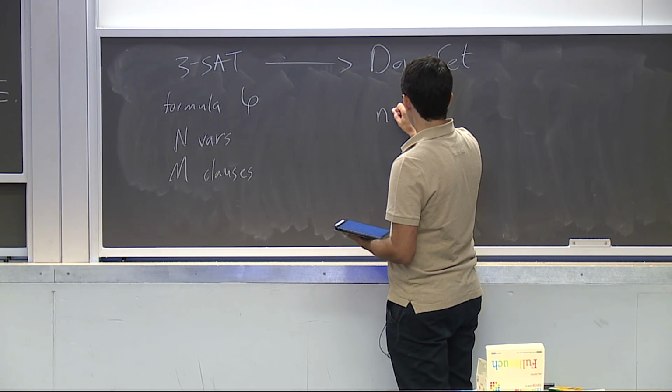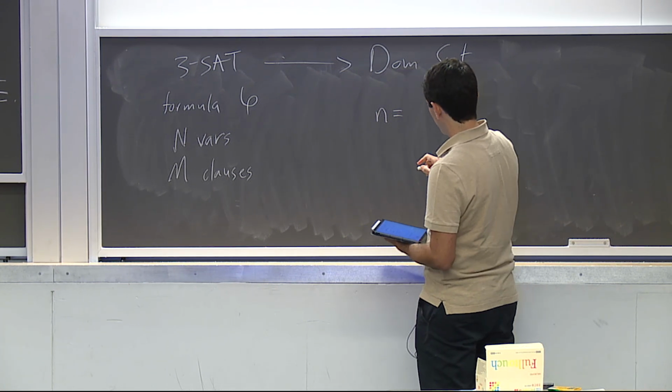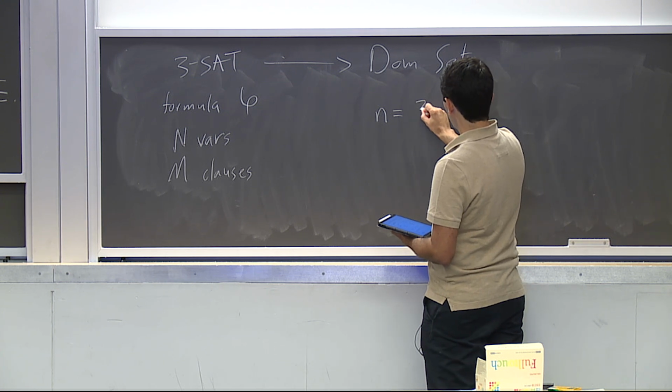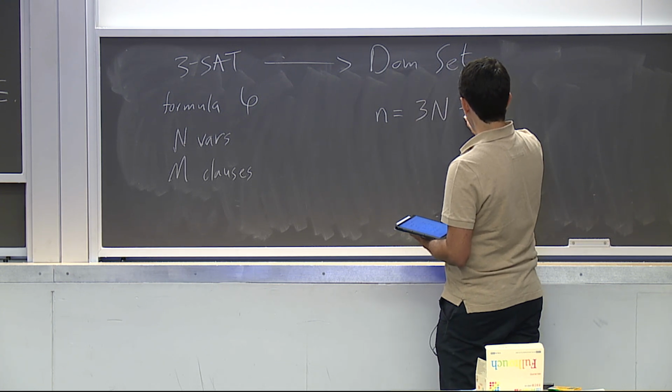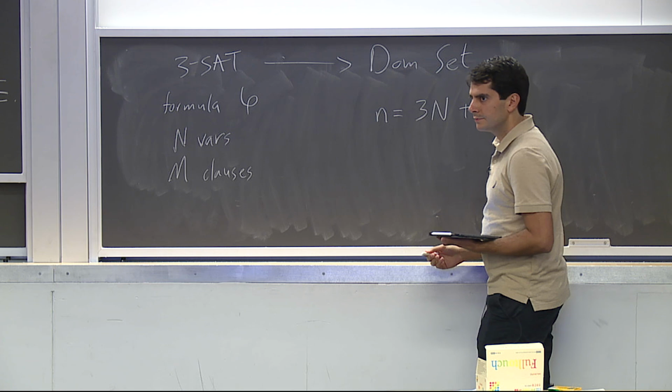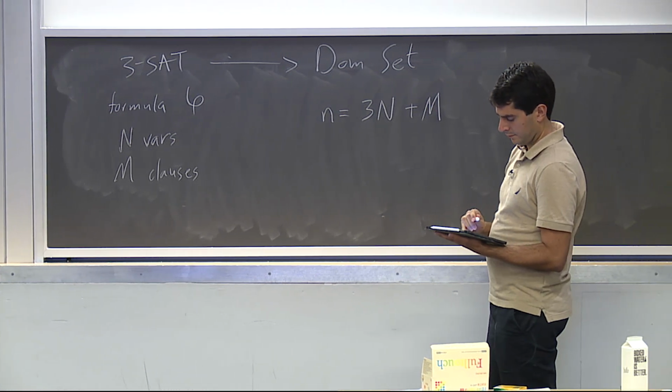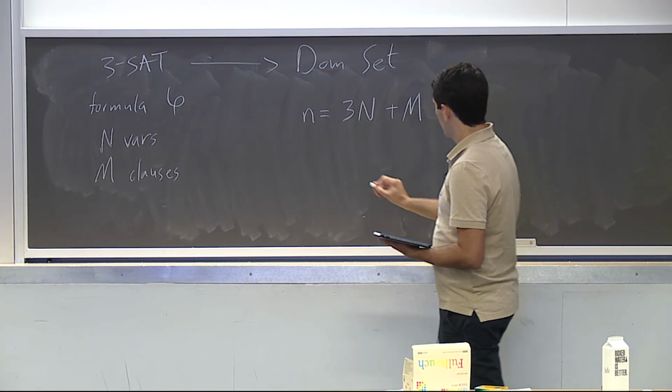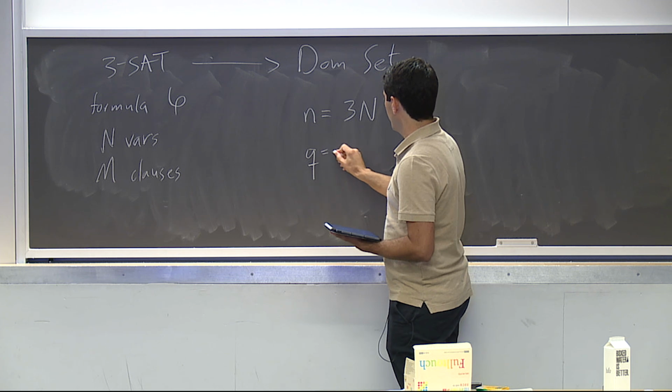I'm going to give you a hint on the reduction. The number of nodes will be 3 times n plus m, and the parameter will be n.